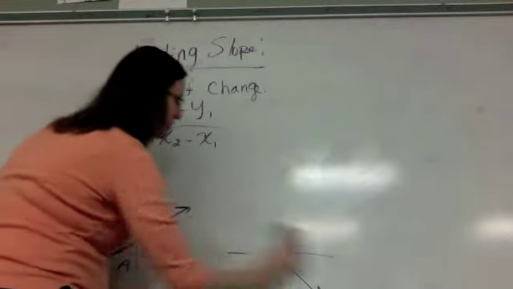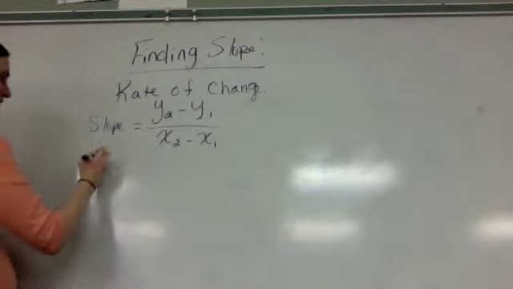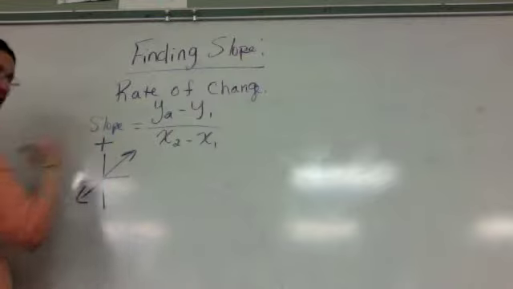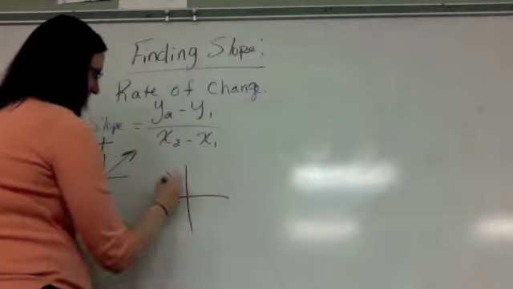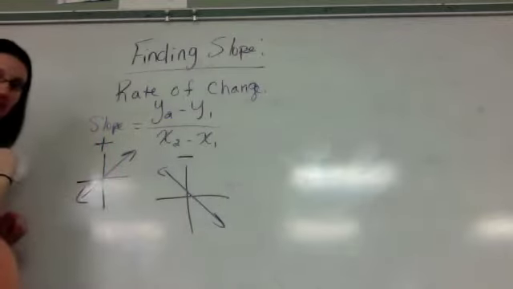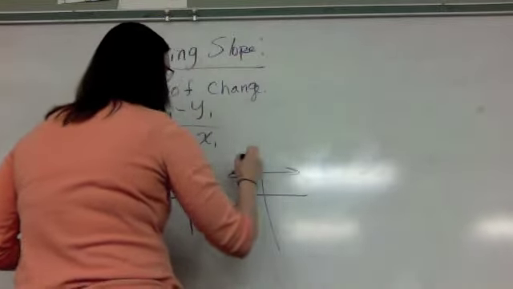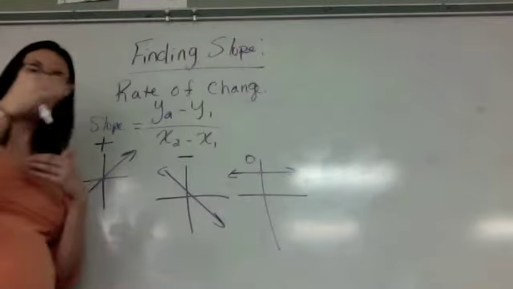Now, just like rate of change, there's a couple things I know. If my line is increasing, I know that I have a positive slope. If my line is decreasing, I know I have a negative slope. And if my line is horizontal, I know that my slope is 0 because there is no increasing or decreasing.